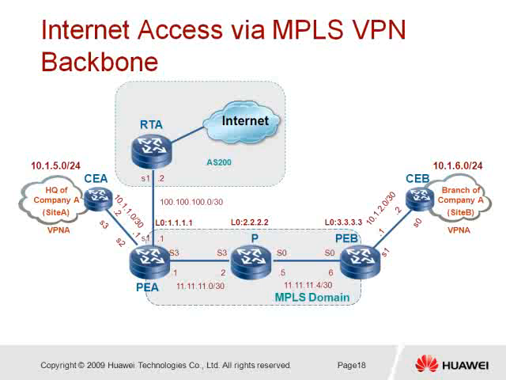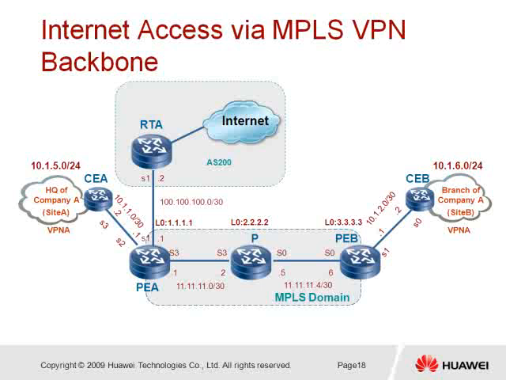The difference is that MPLS VPN users access the Internet through the MPLS VPN backbone, not through the ISP. Here, PEA is considered the central PE accessing the Internet, and Site A connected to CEA and Site B connected to CEB access the Internet through PEA.